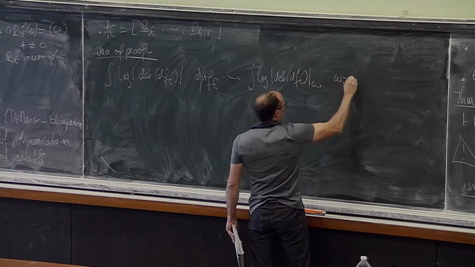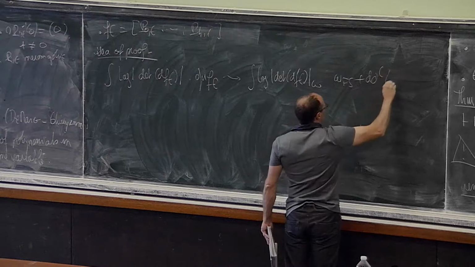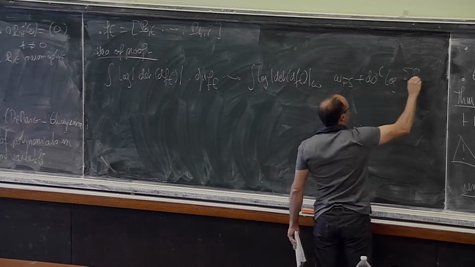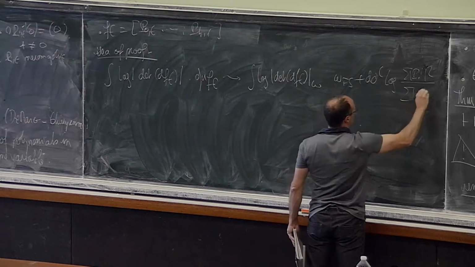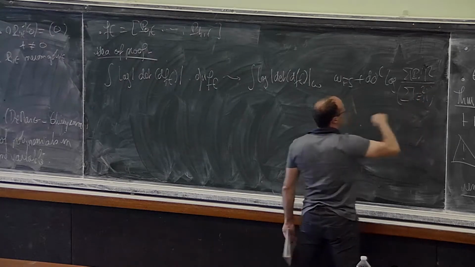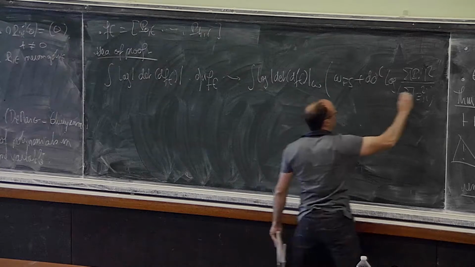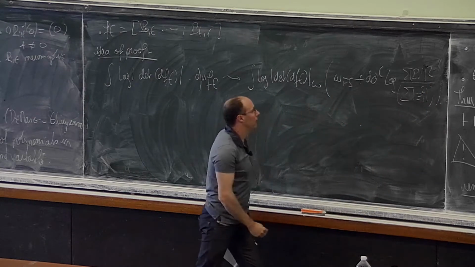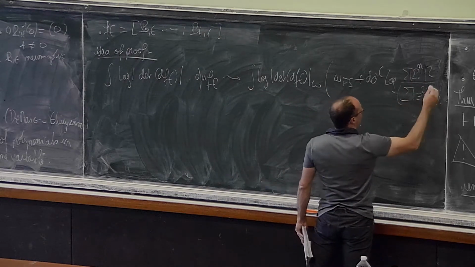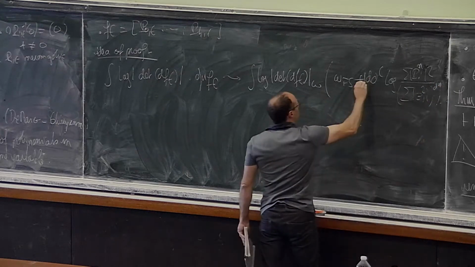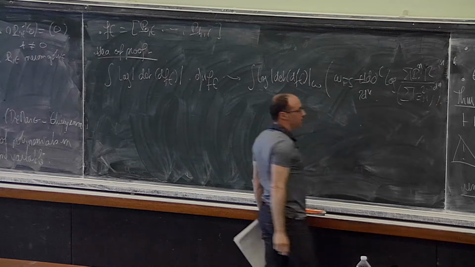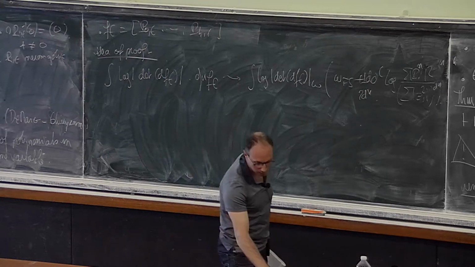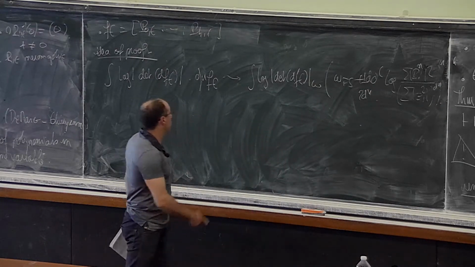Omega plus the dd^c of the sum, where this is a pullback by f^n, so d^n, and then maybe 1 over 2d^n. So you want to understand such a thing.